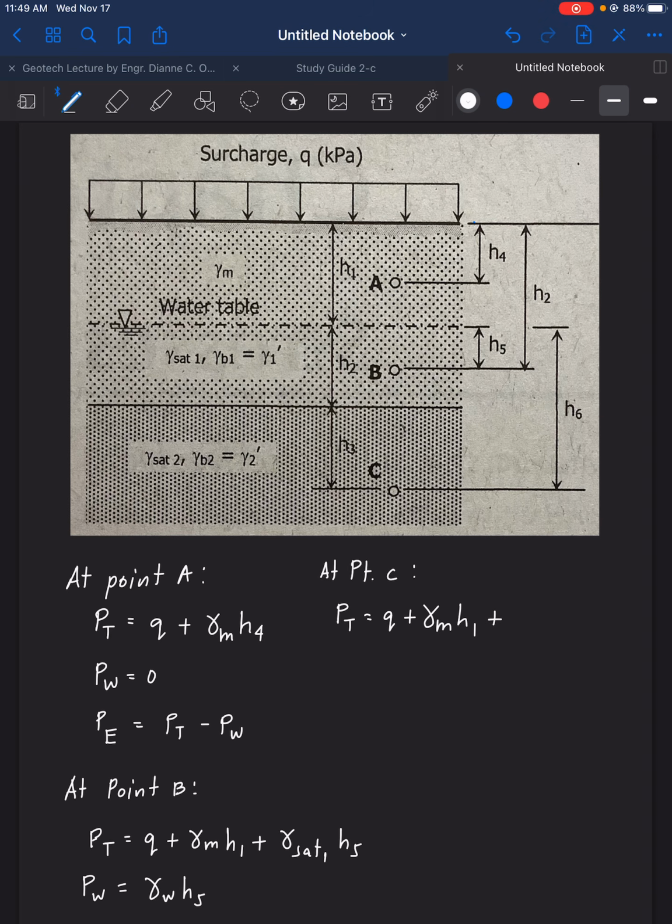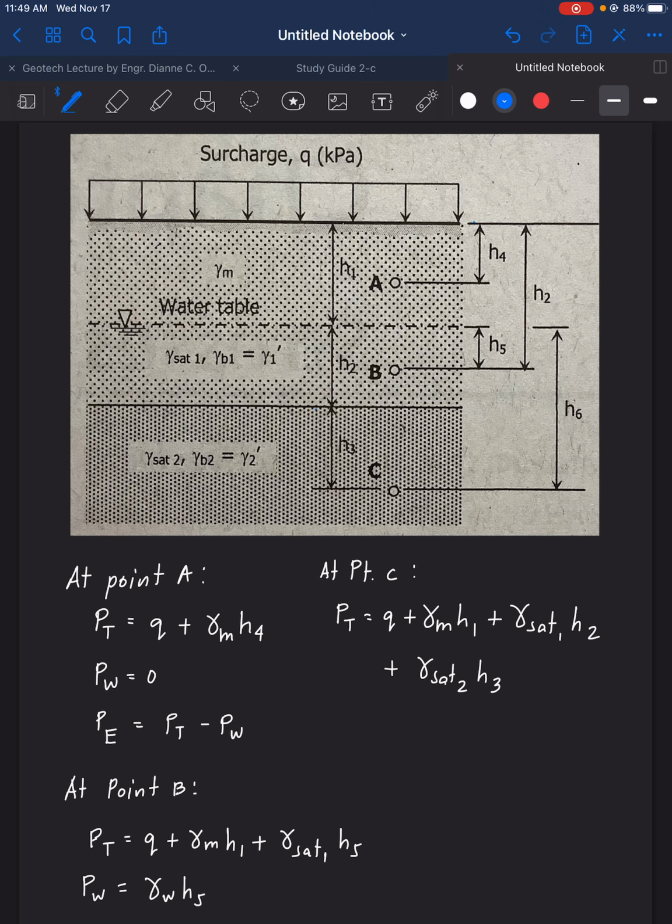Next, that is the gamma sat 1, and then we have H2, plus gamma sat 2, we have here H3.